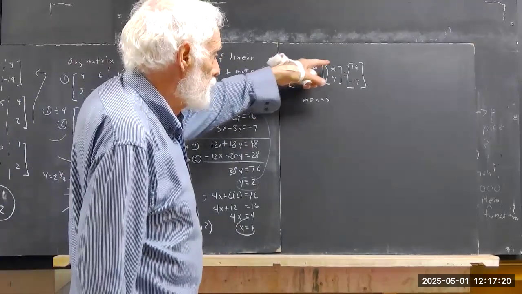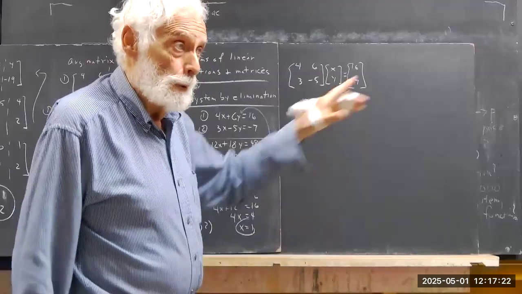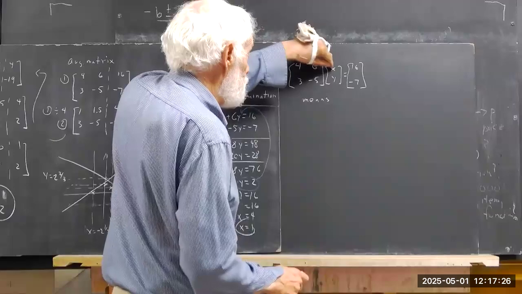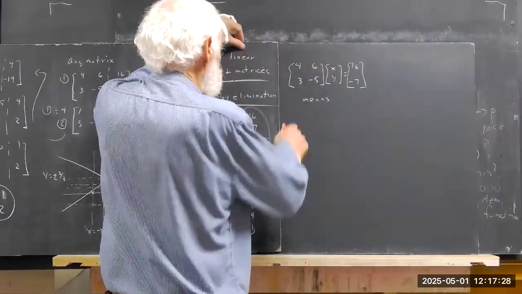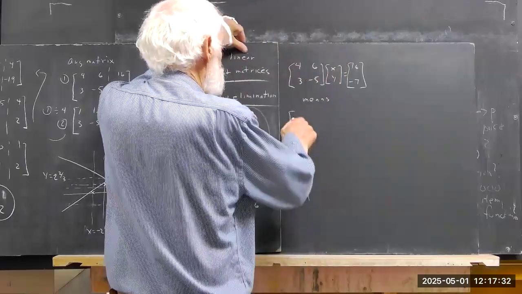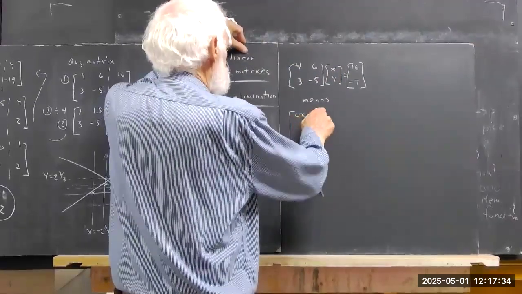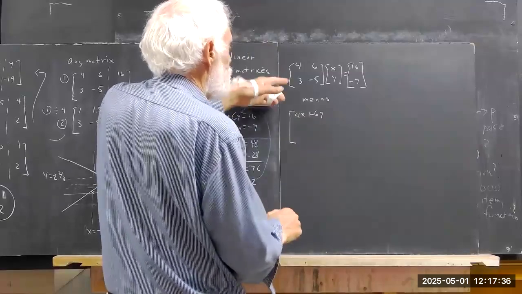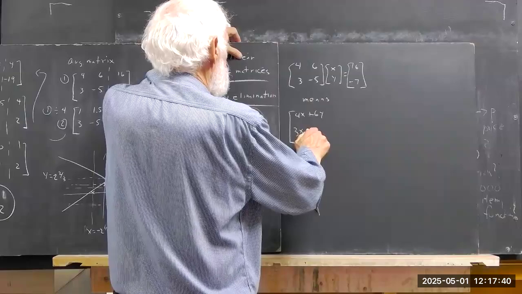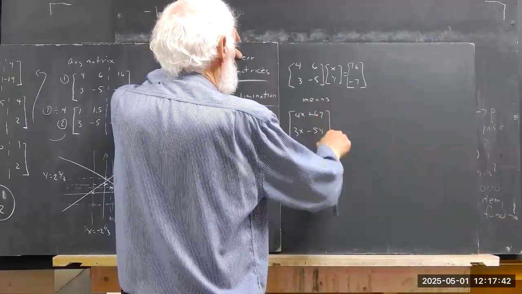If I multiply [4, 6] by [x, y], multiply the row by the column, well, I get 4 first times first plus second times second. So my first row, first column is going to be 4x plus 6y. 3, -5 times [x, y] gives me 3x minus 5y.